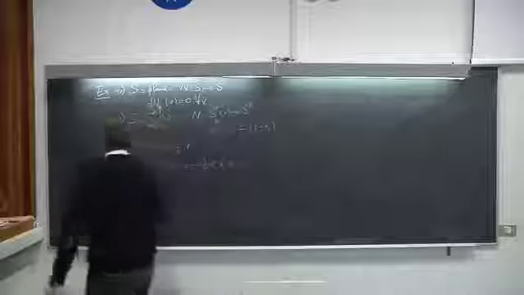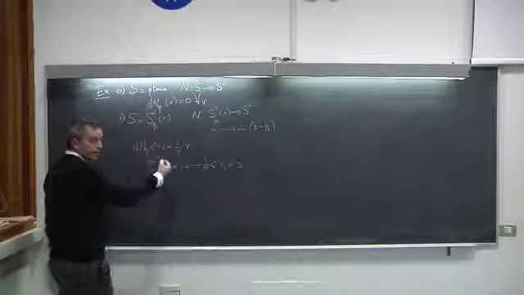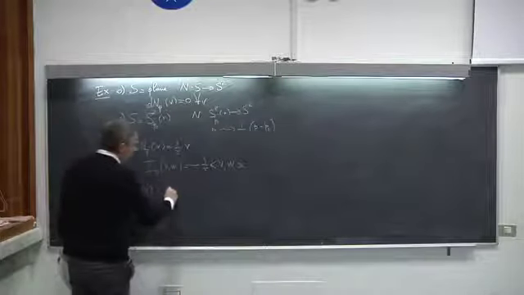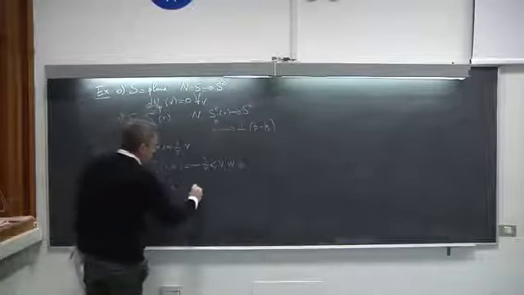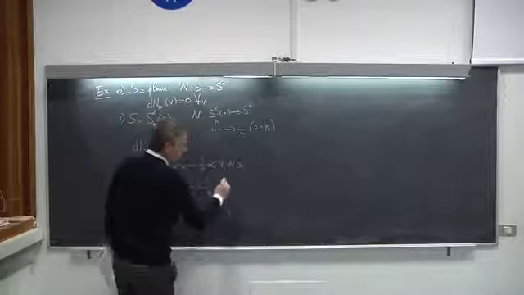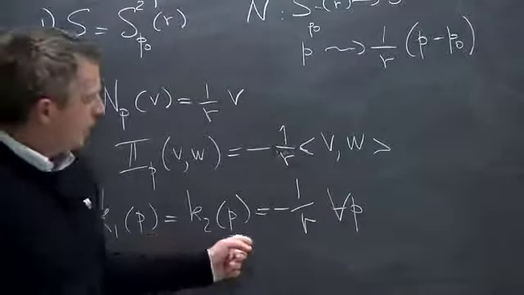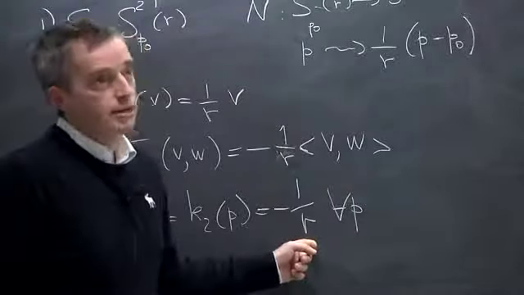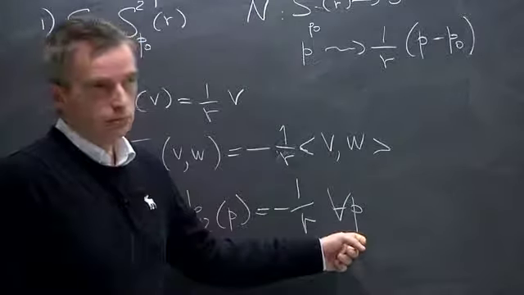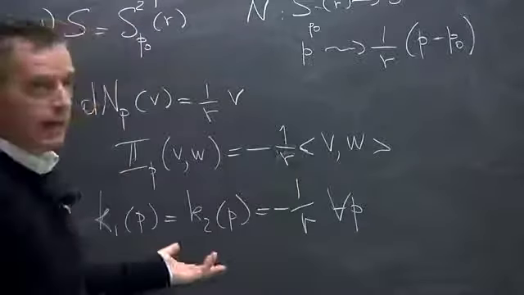Of course, this is true for d n p, and I'm looking at minus d n p. So K1 of p is equal to K2 of p is equal to minus 1 over r for any p. Now, this time, the principal curvatures are not 0, but still they are constants. They don't depend on p.